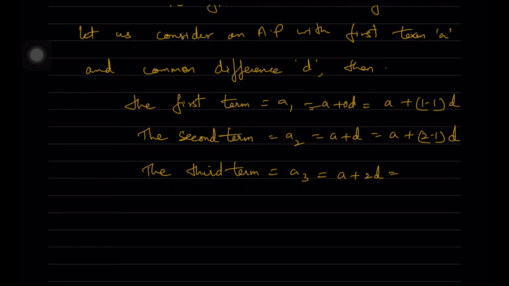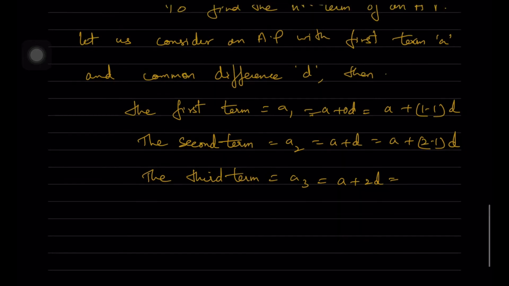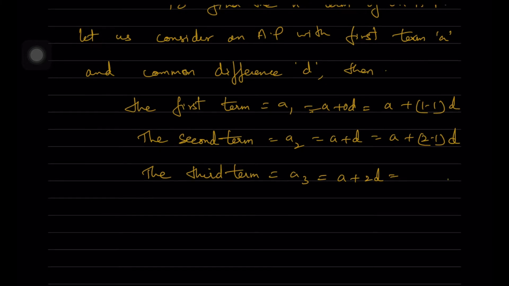The first term a1 is equal to a plus 0d, which is a plus 1 minus 1 into d. The second term a2 is equal to a plus 1d, which is a plus 2 minus 1 into d. The third term is a plus 2d, which is a plus 3 minus 1 into d.